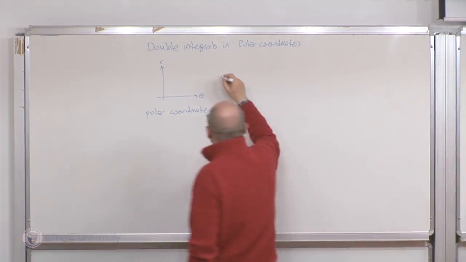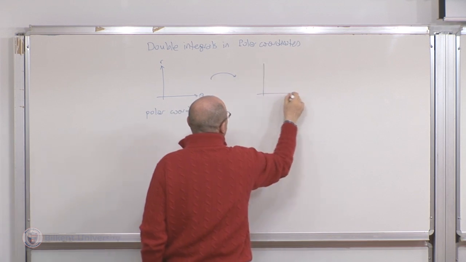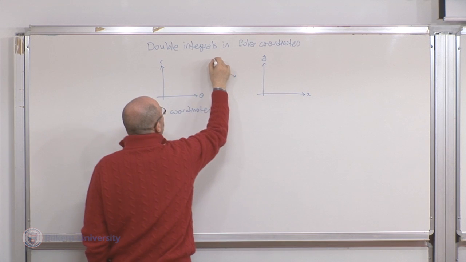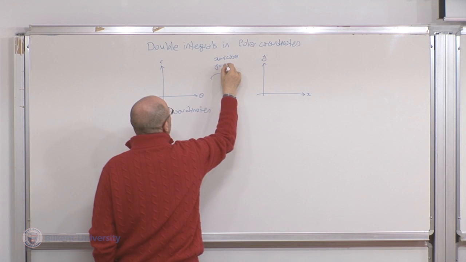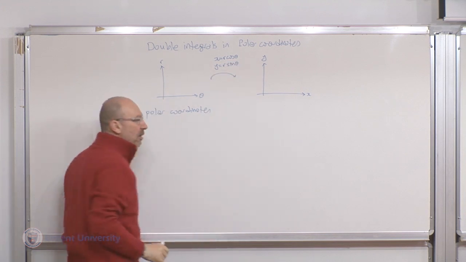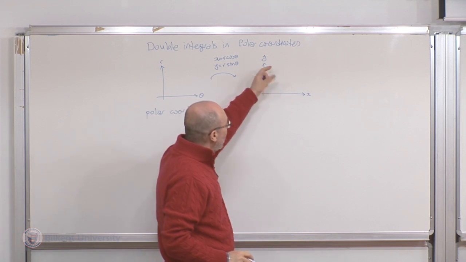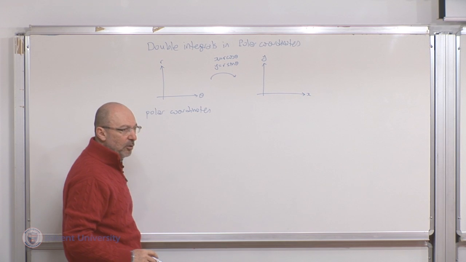And from here you have a map to the Cartesian coordinates x, y, where x is given as r cos theta, y is given as r sine theta. When something is difficult here and we suspect that it will be easier here, we pass it over here.